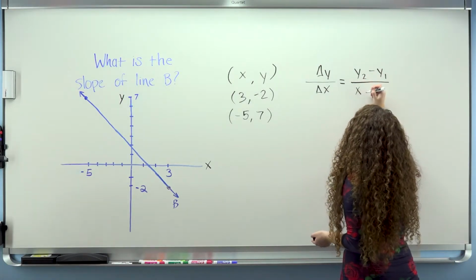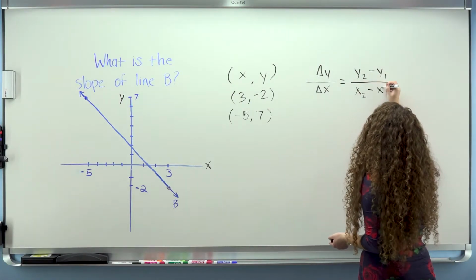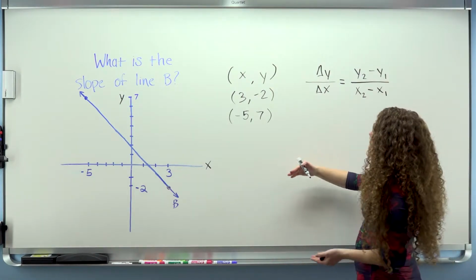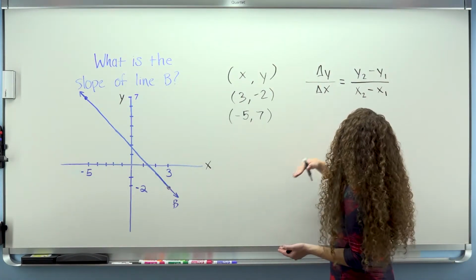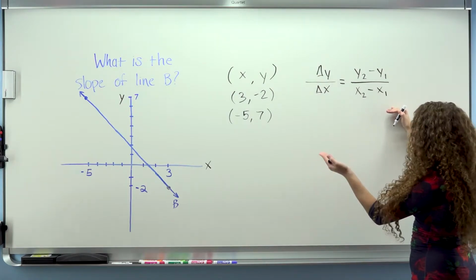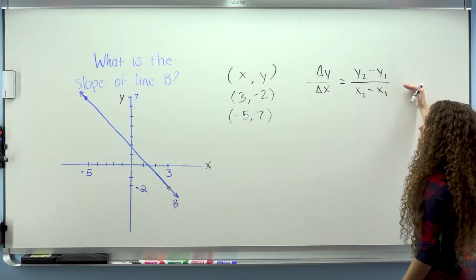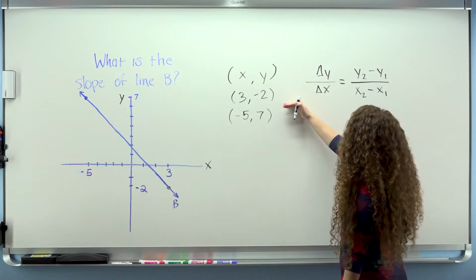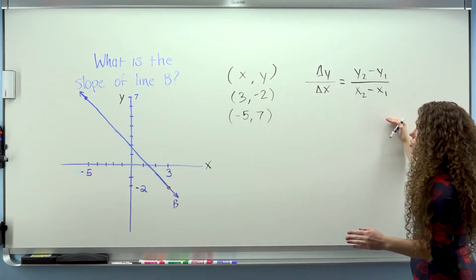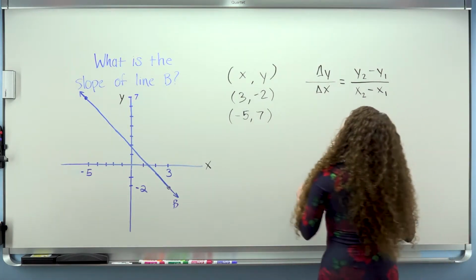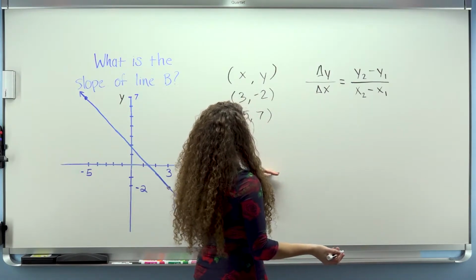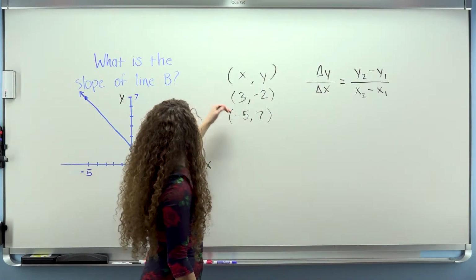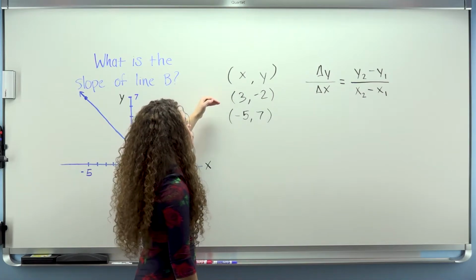Same for delta x, it's just x2 minus x1. So again, that would be one of your x values and the other would be the other one. So now knowing this, we can fill in the coordinates. It does not matter which one you choose. So I'll do it both ways, just so we can show that it works no matter which one you use.